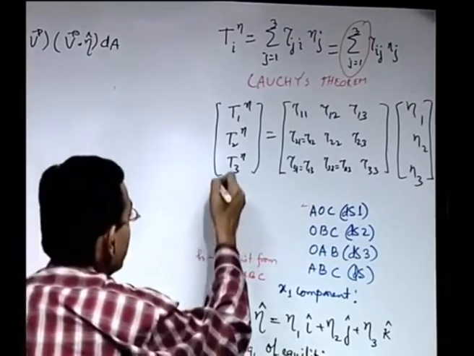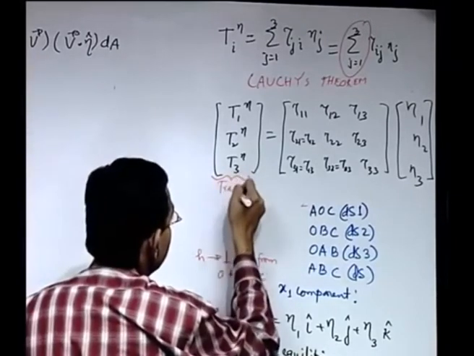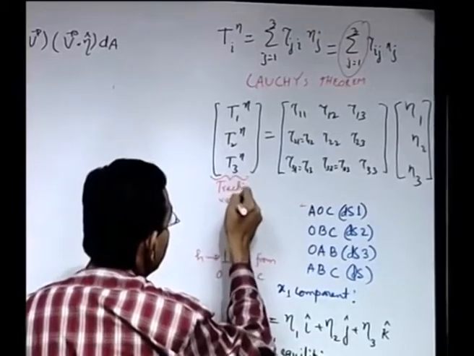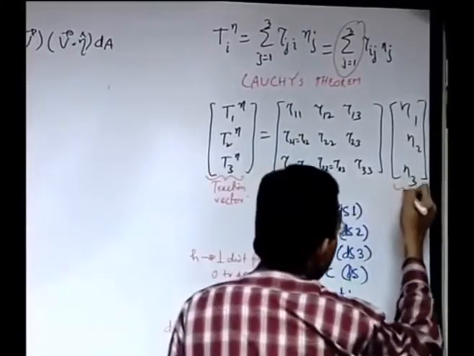This is the traction vector, this is the normal vector.